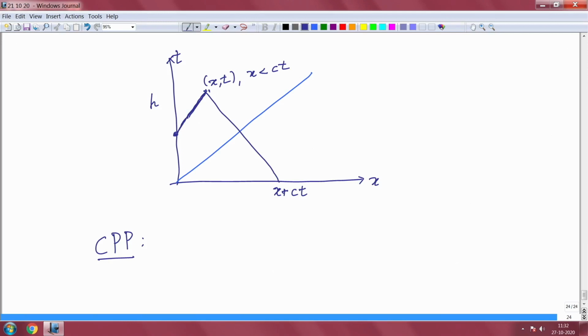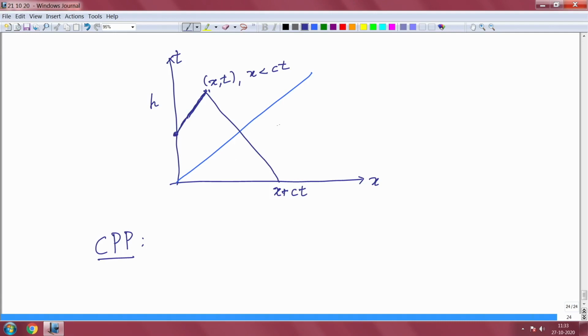So, we have to construct a characteristic parallelogram. There are already two sides, we see that. This is also a characteristic and that is also a characteristic, and 2 points. We want to find the solution there, and the data is given here. So, we also know the solution at this point, and we need another 2 points where the solution is known.